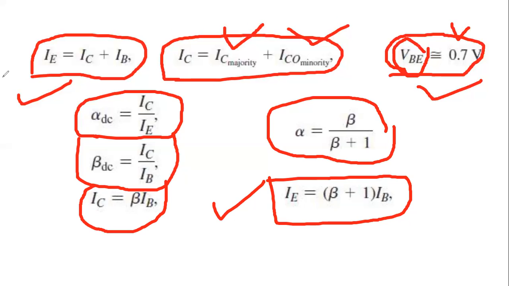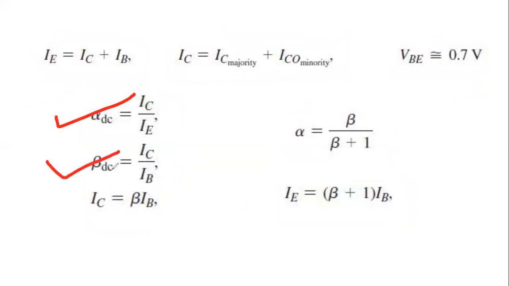So these are the important equations you must know after whatever we study, because when we go to the mathematical problems, these equations will be required more and more. So try to keep in mind the alpha equations, the beta equations, and the relations between IC, IB, and IE.